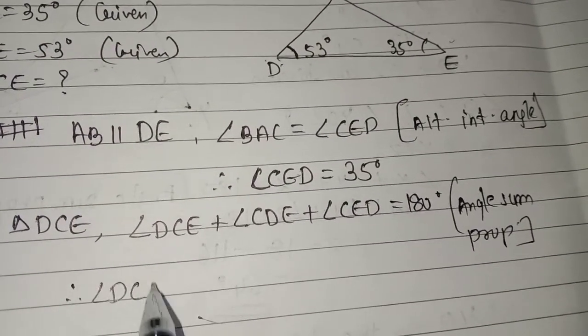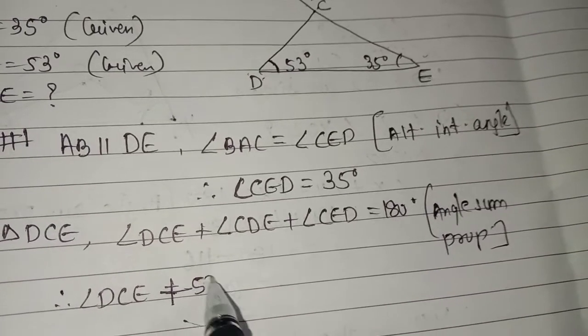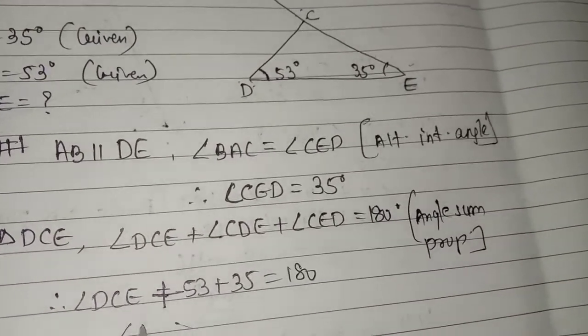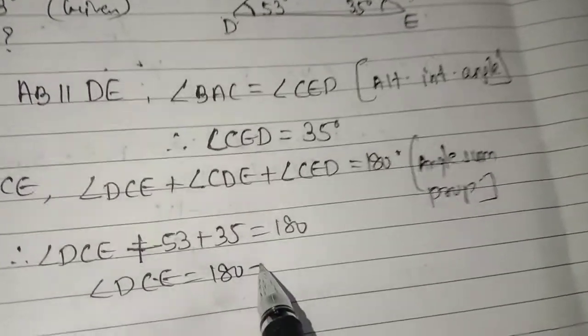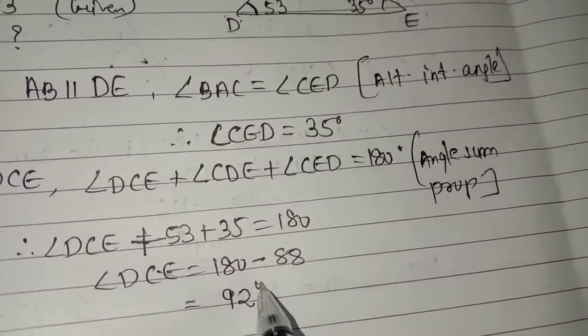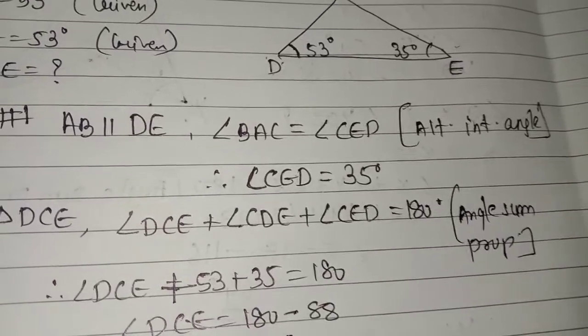Therefore DCE plus 53 plus 35 is equal to 180. So DCE is equal to 180 minus 88, so 92 degrees. Clear? So this is DCE, what we needed.